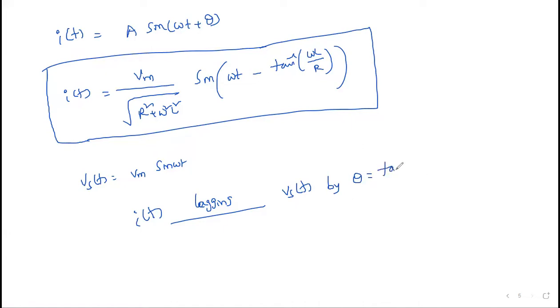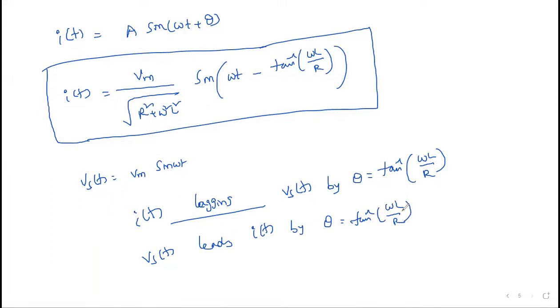So lagging by the theta, that is equal to tan inverse of omega L by R. And in reverse, if you want to write, Vs of t leads current i of t by theta is equal to tan inverse of omega L by R. The same amount, voltage is leading current.